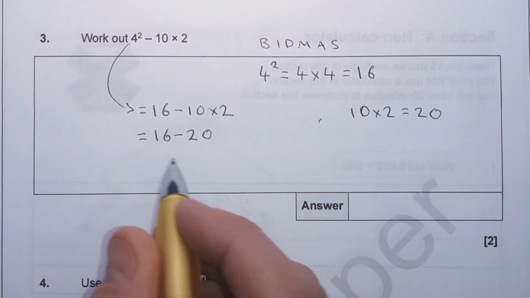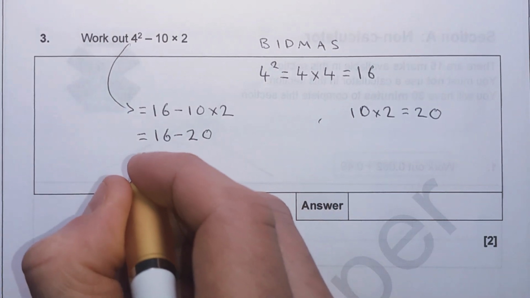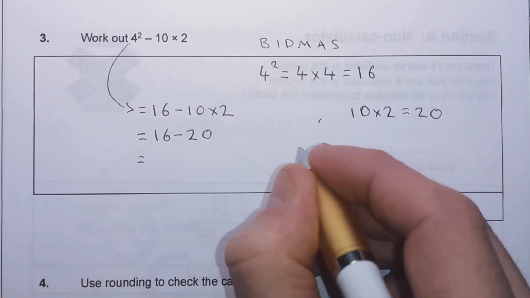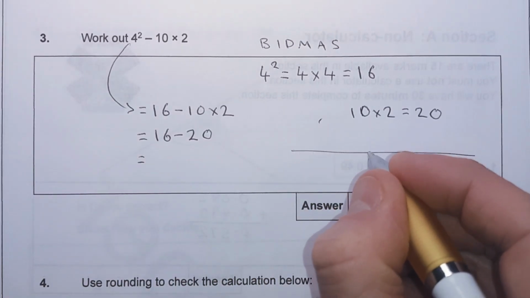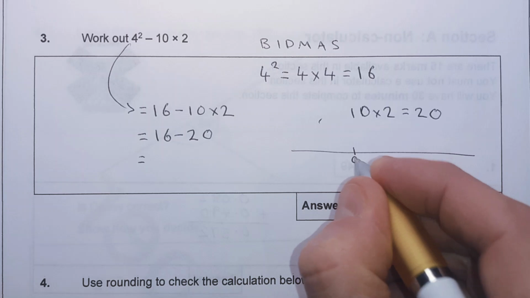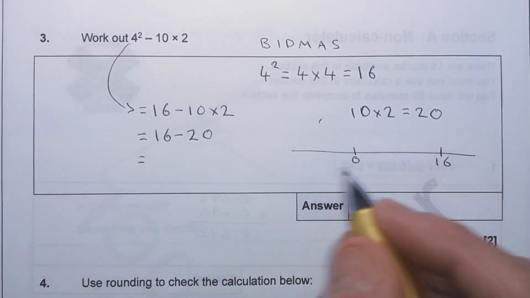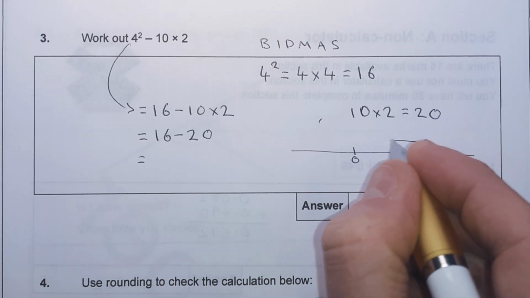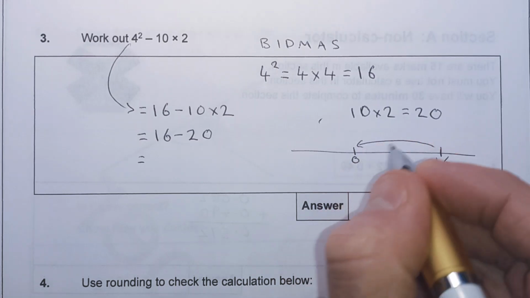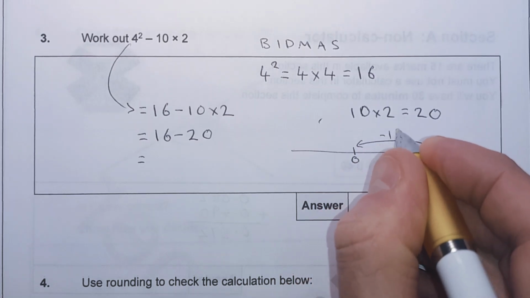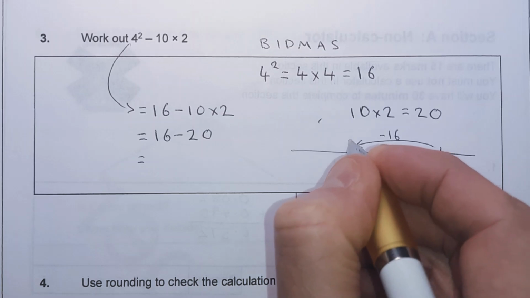Okay, so we've got 16 minus 20. Now, remember, if we think of a number line, if we've got 0 here, 16 up here, we want to take off 20. Well, just to get down to the 0, we're going to have to take 16 off.